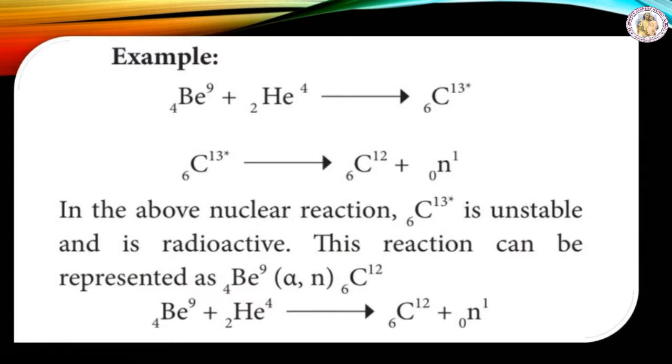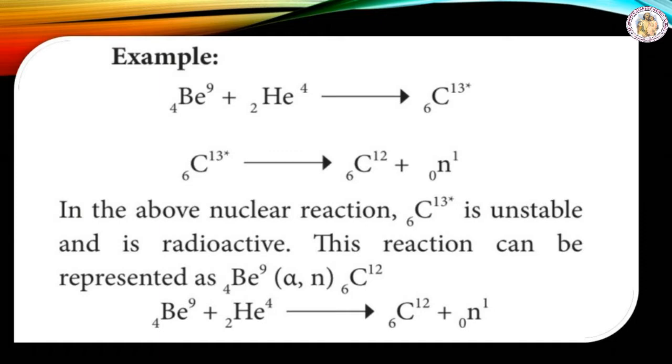Let's see how the disintegration process happens. If you denote the parent and daughter nuclei as X and Y respectively, then the nuclear disintegration is represented as X(p, e)Y. Here p and e represent the projectile particle and the ejected particle respectively.